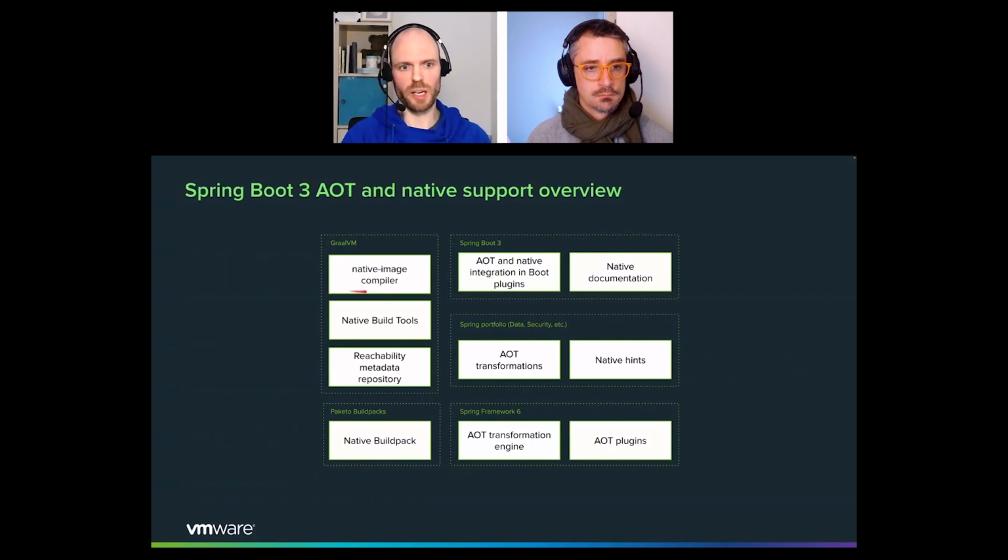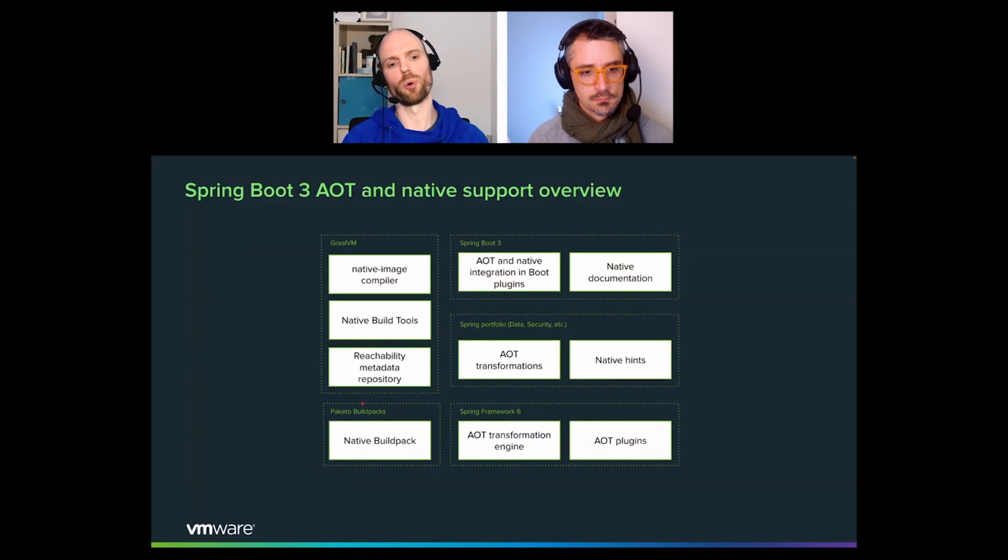There is the native image compiler, which takes care of compiling your Java bytecode to executable code for your actual processor. There are the native build tools, which we already saw, the Maven and the Gradle plugin. And there is the reachability metadata, which Sébastien talked about just now.